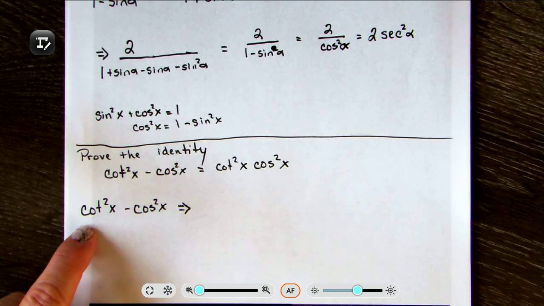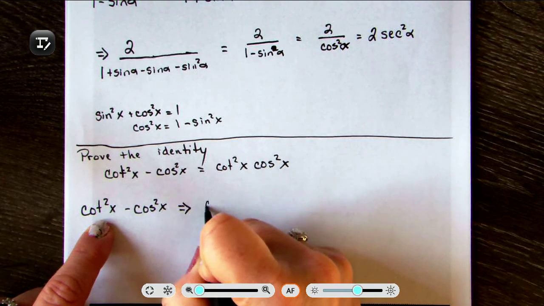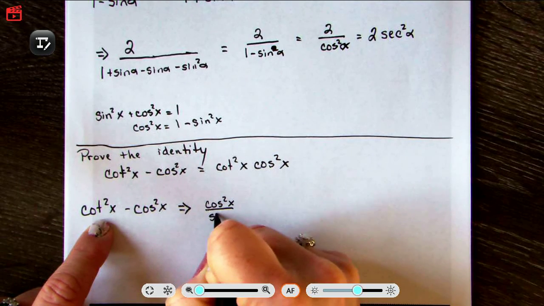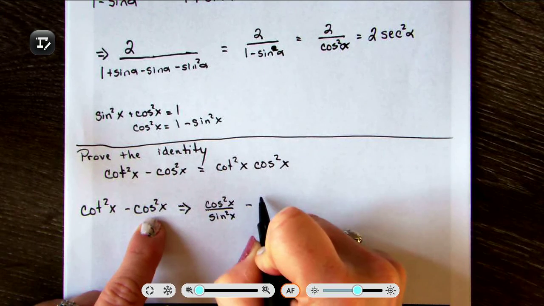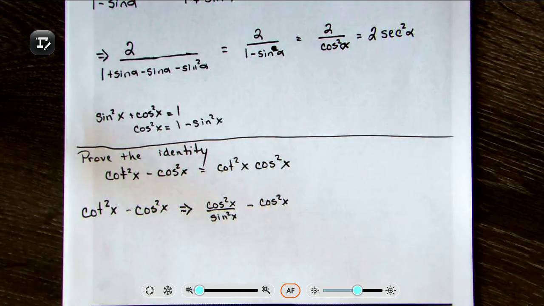Cotangent squared. Again, I like to go to everything in sines over cosines. Cotangent is cosine squared over sine squared. And then I'm going to subtract cosine squared. Okay, so all I've done right now is changed everything into sines and cosines.